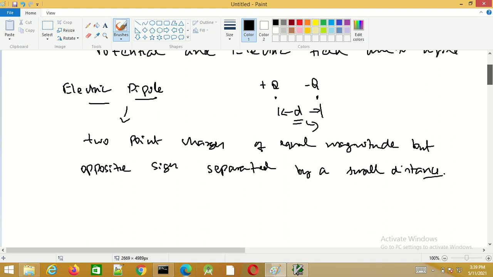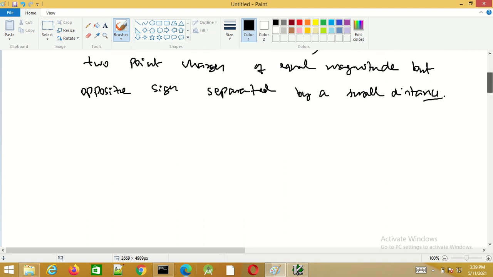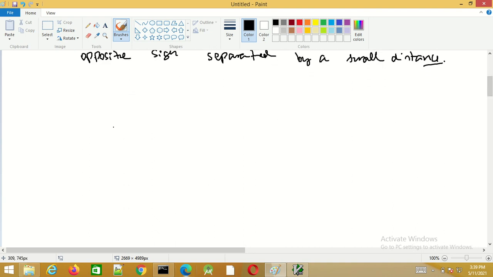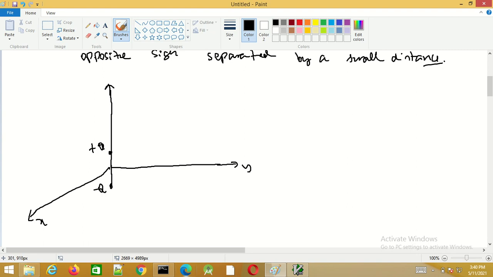Now we'll try to find out what is the potential due to an electric dipole. Let us consider the dipole to be at the origin of a spherical coordinate system. Let us say we have charge plus q and charge minus q on the z axis as shown in the figure.